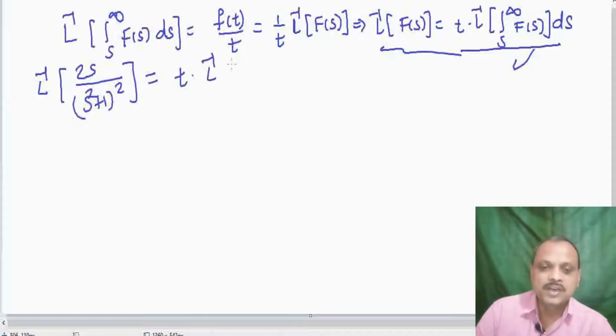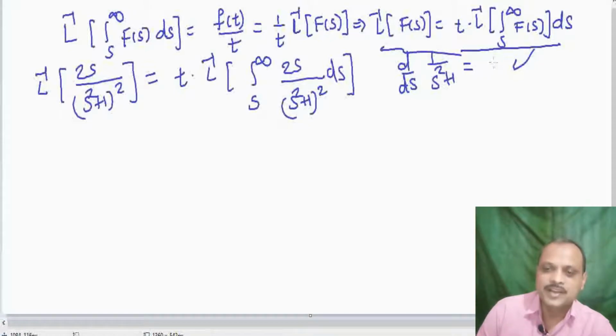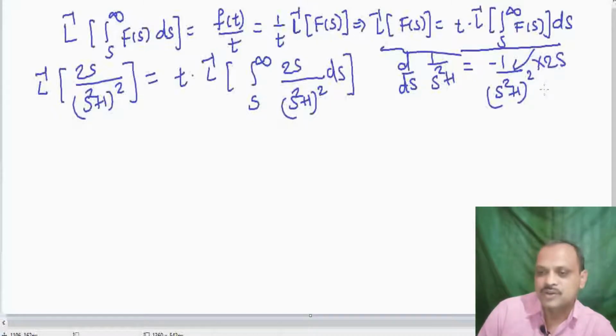So what to do? Let us multiply by t and L inverse of the integral from s to infinity of the term 2s divided by (s square plus 1) whole square ds. Now here you can see d by ds of 1 divided by s square plus 1 is nothing but minus 1 divided by (s square plus 1) whole square into the derivative of 2s.